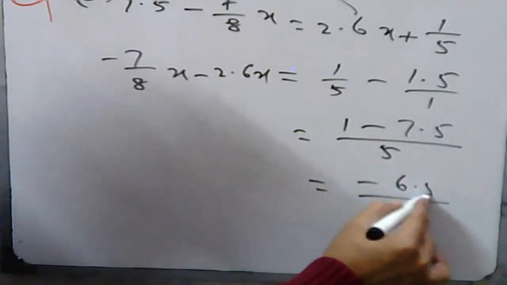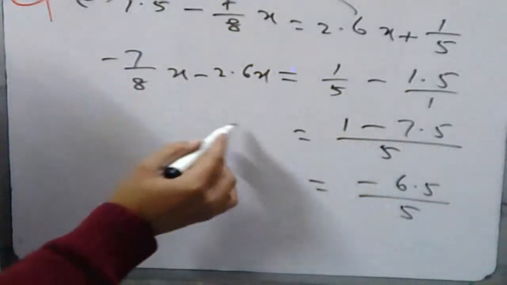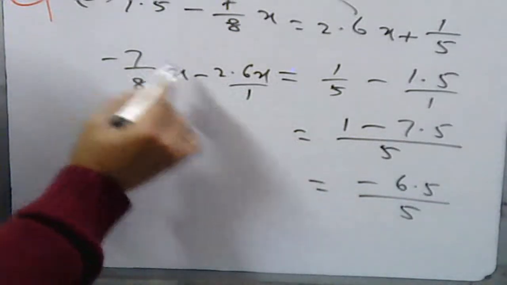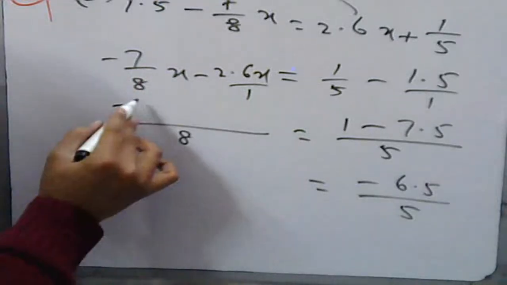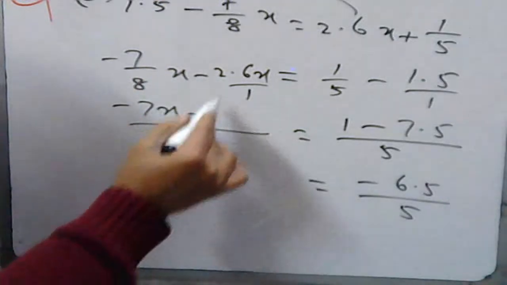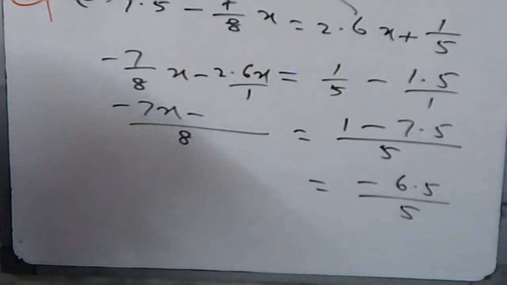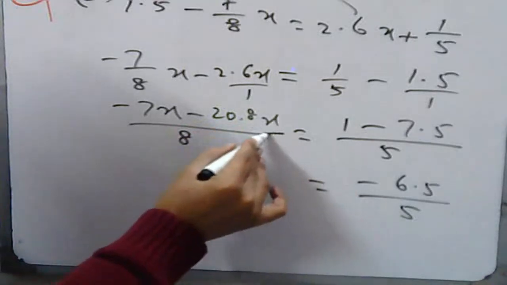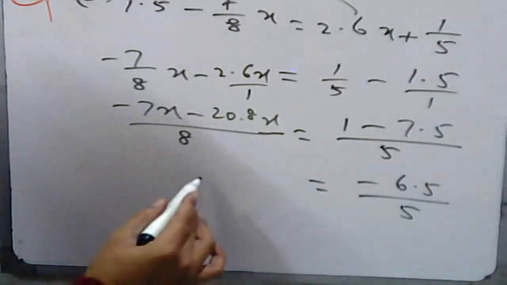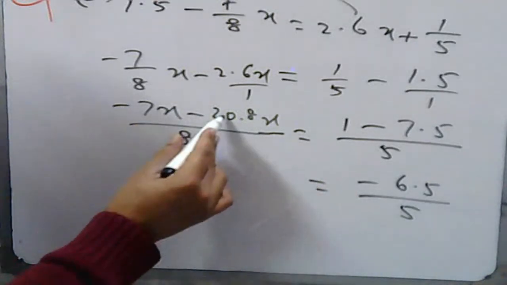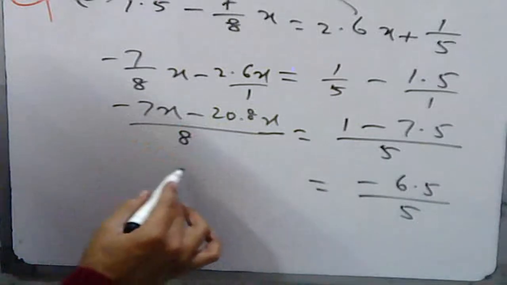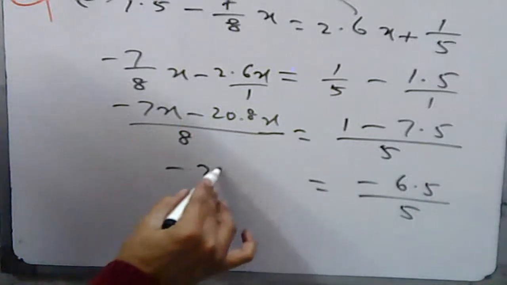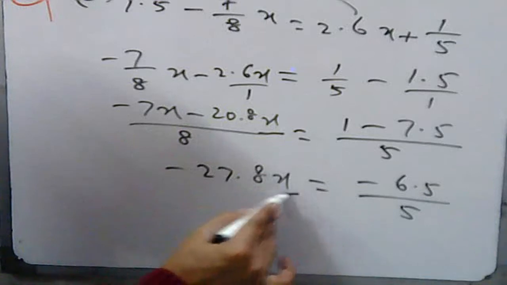Once again take the LCM for the x terms: minus 7x minus 8 multiplied by 2.6, that is 20.8x. Both are negative, so they should be added, giving minus 27.8x divided by 8.